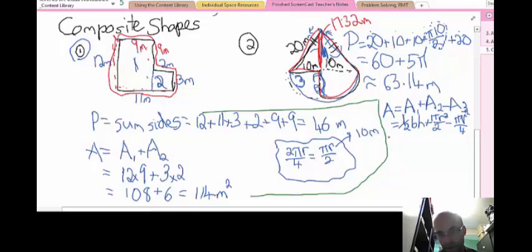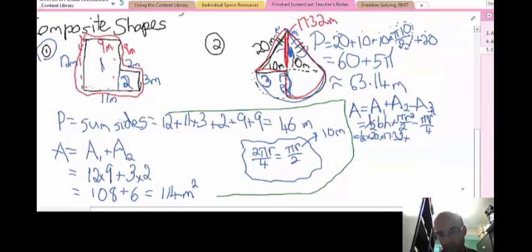So we have here half times the base of that triangle, which is 20, times the height, which is 17.32, plus pi times 10 squared, because 10 is the radius, over 2 minus pi times 10 squared over 4. Oops, I wrote the 4 in the wrong place.